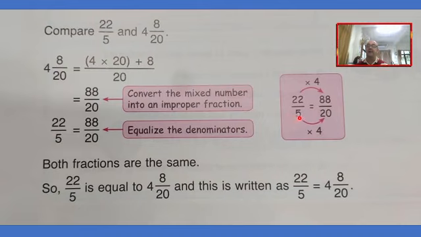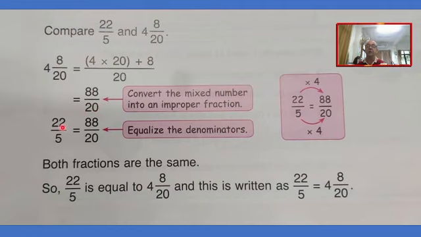And then 5 times 4 is 20. Okay, so we need to make the bottom or the denominator the same as this denominator.